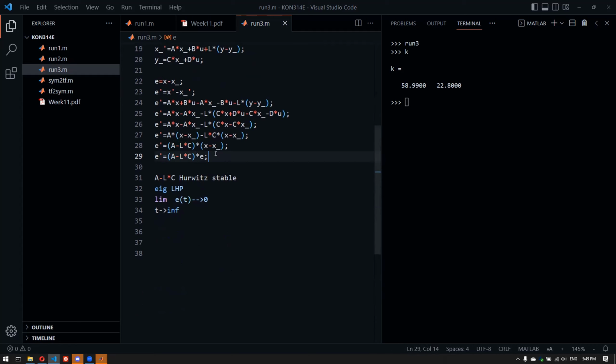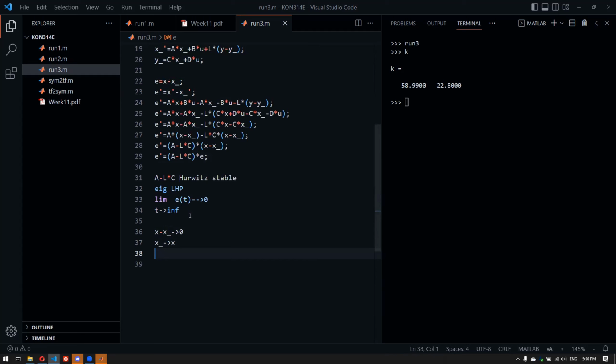At the end result, due to the definition of stability, E will tend to 0. So this is quite powerful, because if E tends to 0, it means that this difference will tend to 0. And it means that our estimates will tend to the actual states, because there will be no difference anymore.